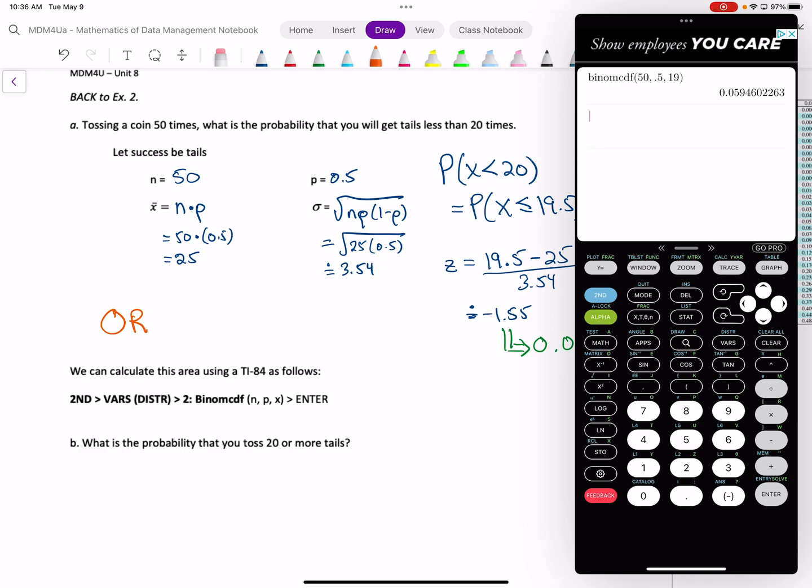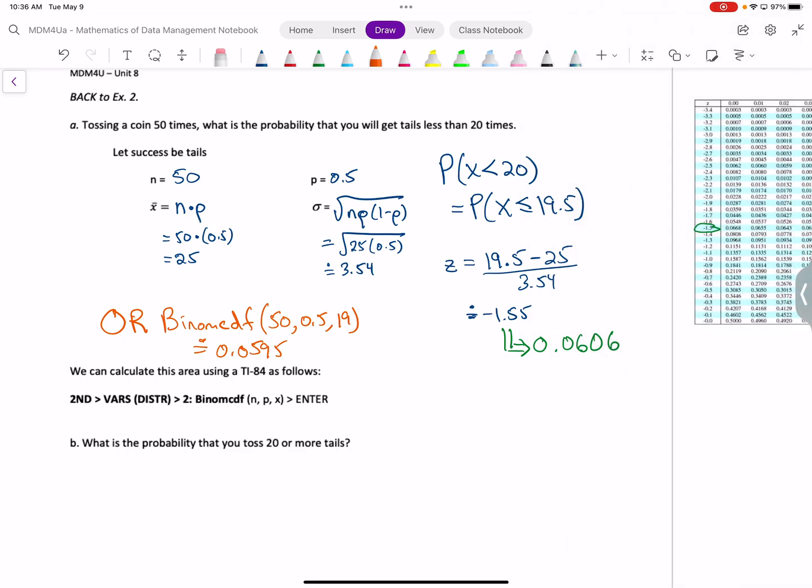This is actually, in fact, more accurate than what is in the z-score table. So I would write binom CDF bracket 50, comma 0.5, comma 19, and I get 0.0595 approximately. And I would accept either of those two answers.